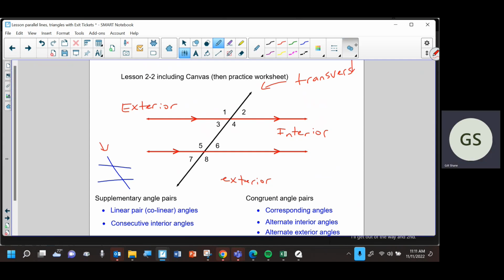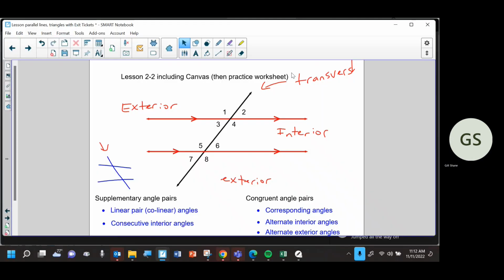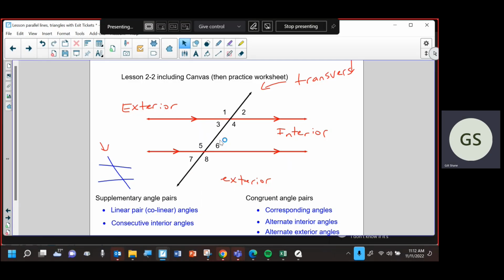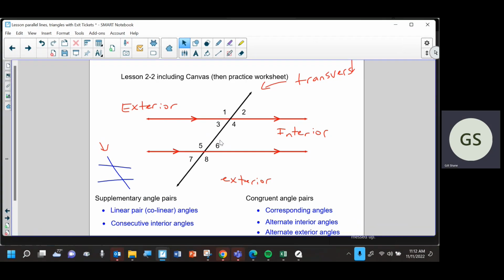Why are you going all the way up there? Wow, that was crazy. Jumped all the way off the screen. Seriously? I don't know if it's my projector or my cords or what. This thing all messed up lately. Never works. Well, it's supposed to say transversal.